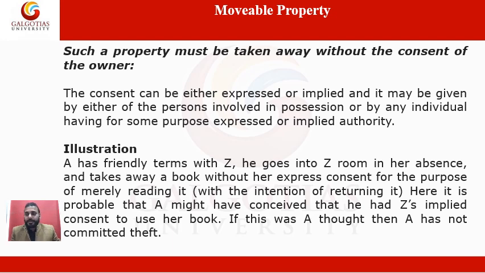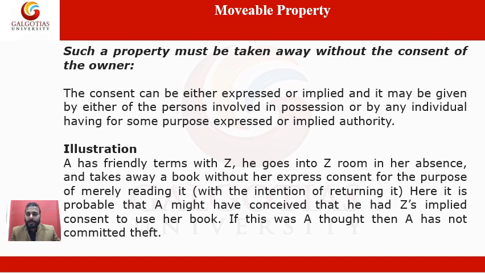The next is obviously without the consent, because it is a very important essential, and without it theft cannot occur. Consent is a very important factor. Without the consent of the owner, now consent is of two types, express or implied. Both consents will not be there.